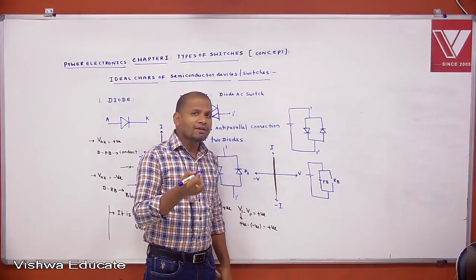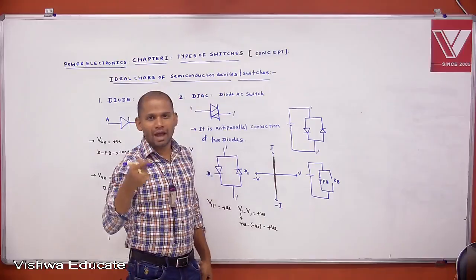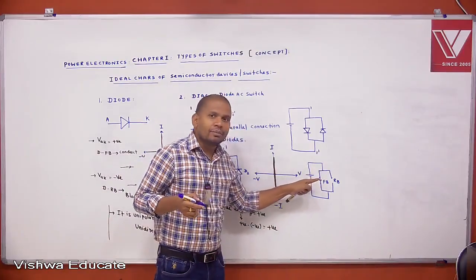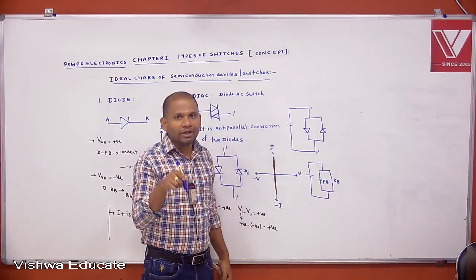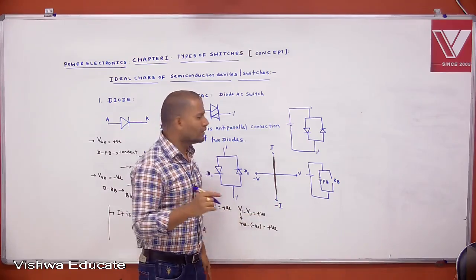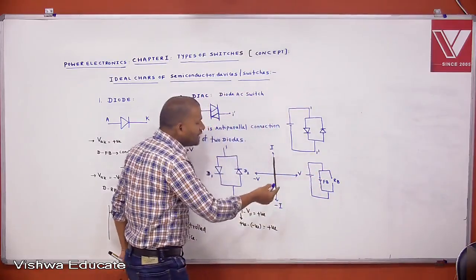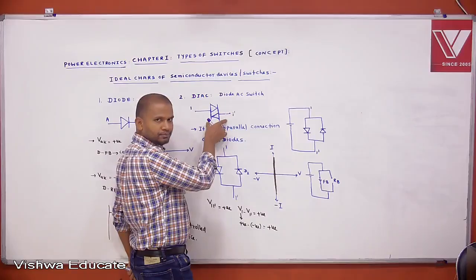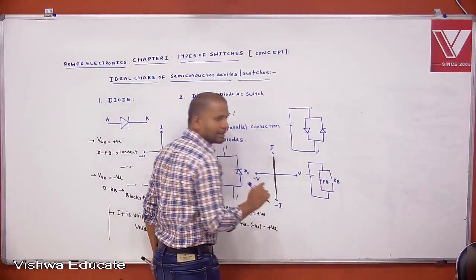But I am not talking about individual diodes. Here I am explaining the concept of the diac. If one diode is conducting, it means the total device is conducting. Understood? That's why, for V11 dash positive, that means if the positive voltage is applied to the device, is it blocking or conducting?